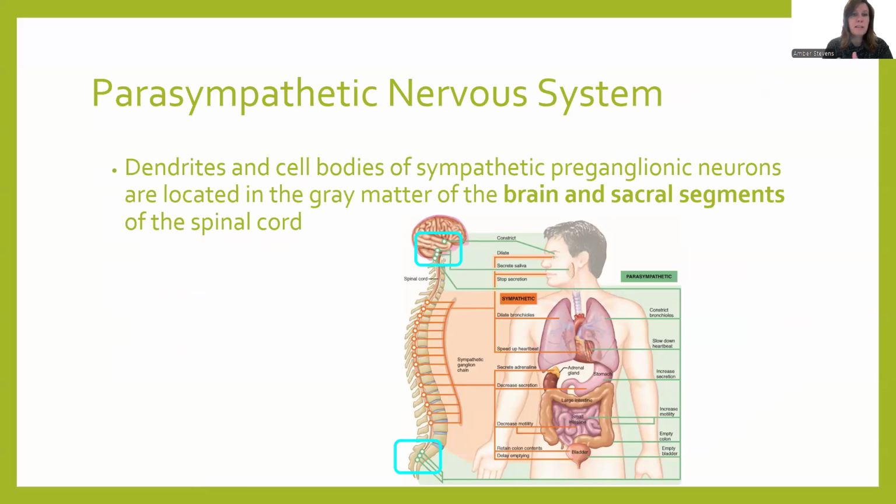In the parasympathetic nervous system, the dendrites and cell bodies of the preganglionic neurons are located in the gray matter of the brain and the sacral segments of the spinal cord, right? So at the top of the spinal cord and at the bottom of the spinal cord, that's where the parasympathetic nervous system lies.